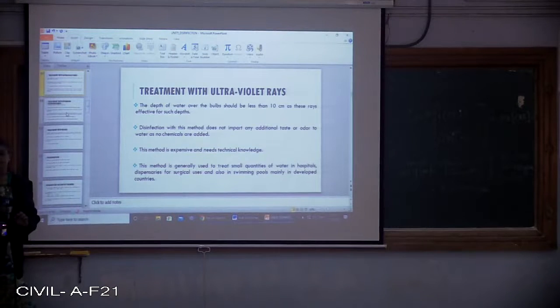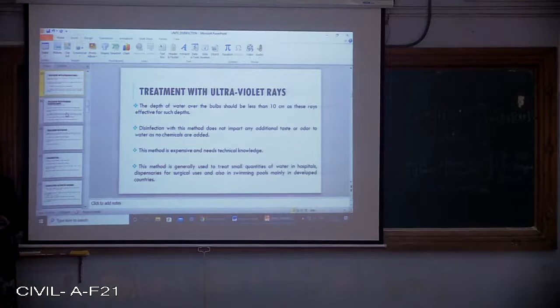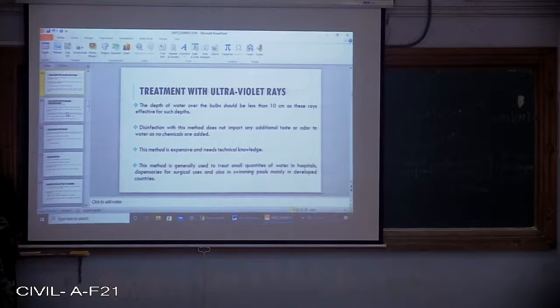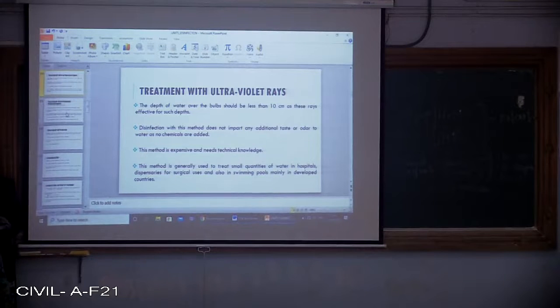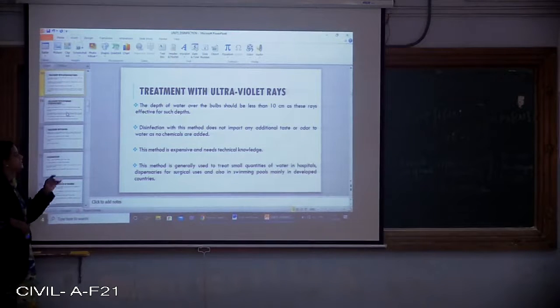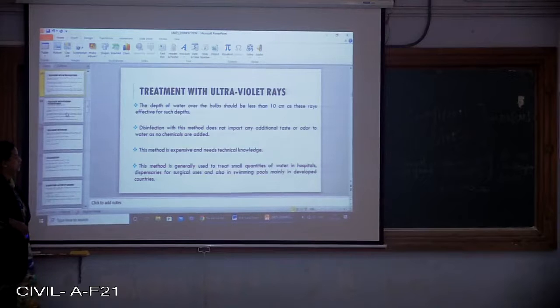The depth of water over the bulb should be less than 10 centimeters, as these rays are effective for such depth.